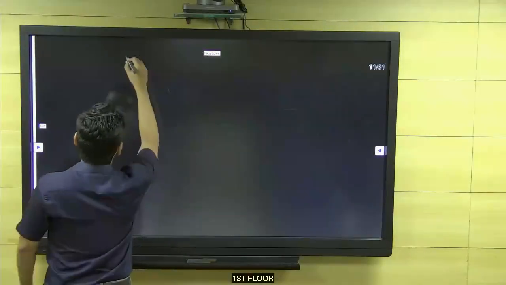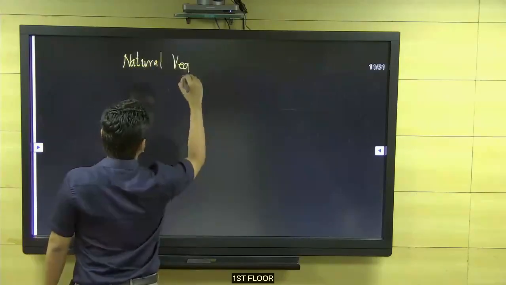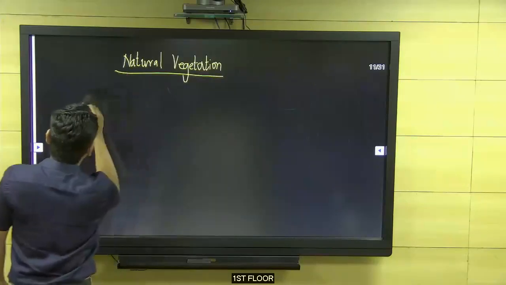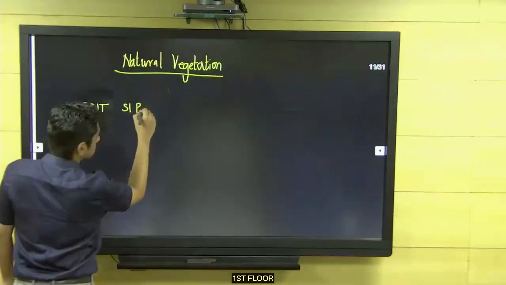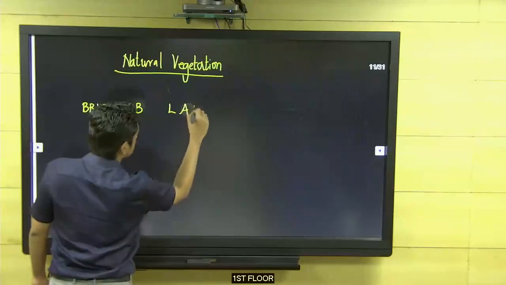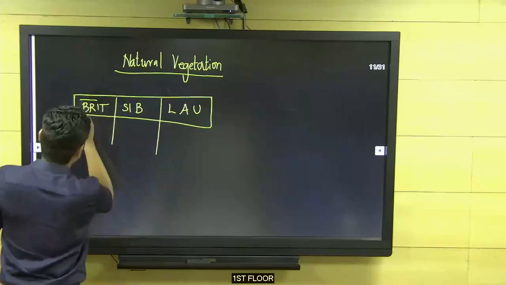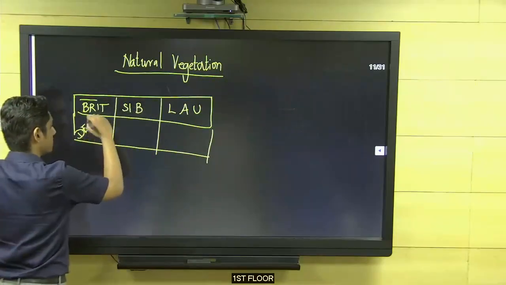Natural vegetation. See, here you have two types. Two types meaning British, Siberian, Laurentian. British climate, deciduous forest.